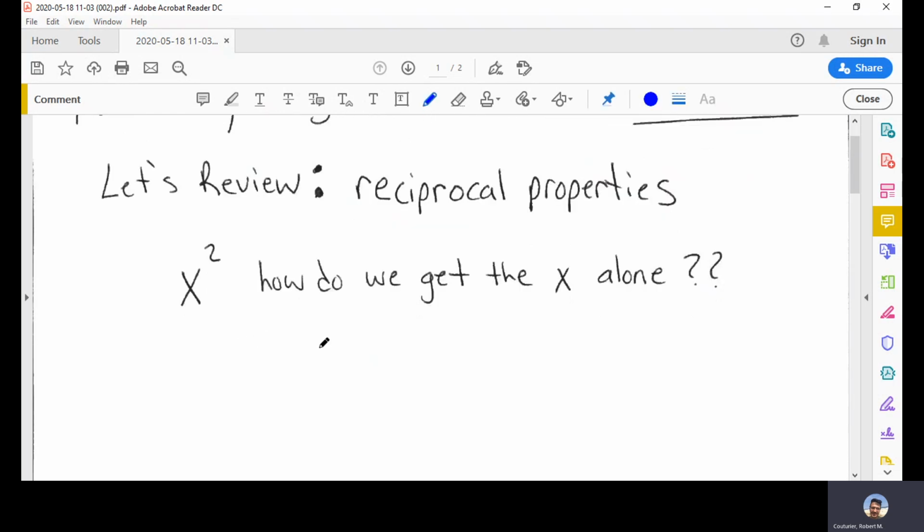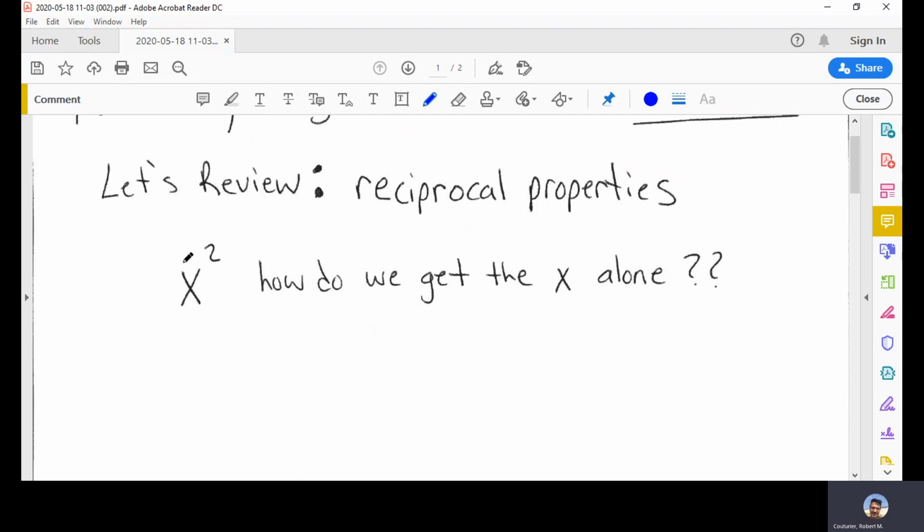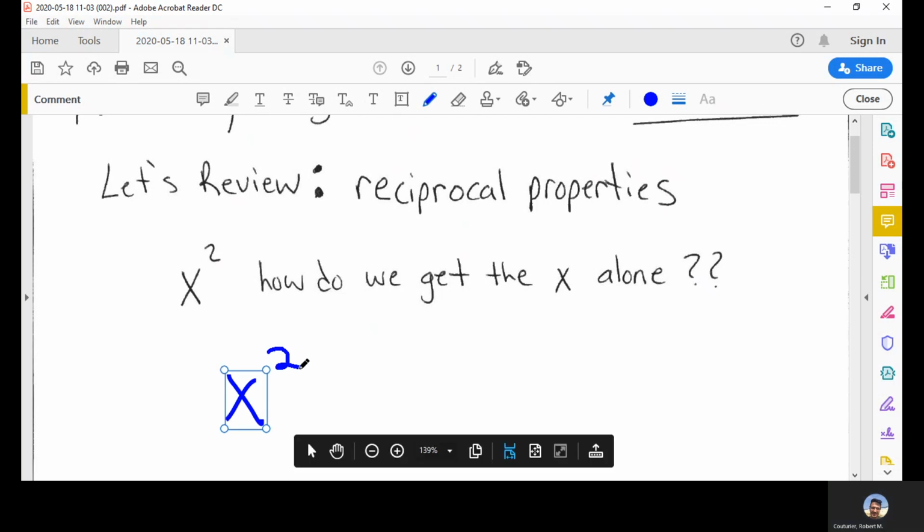So if you remember from maybe solving quadratic equations by the roots method, in order to get rid of a square, we would be able to take the square root of it. So a square root cancels a square because this particular symbol has a little index here, technically, of 2.